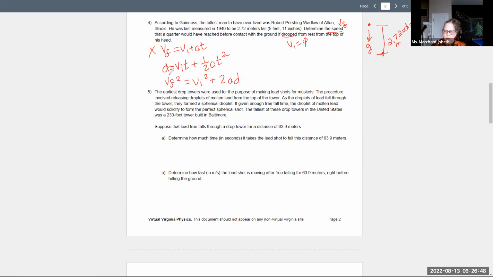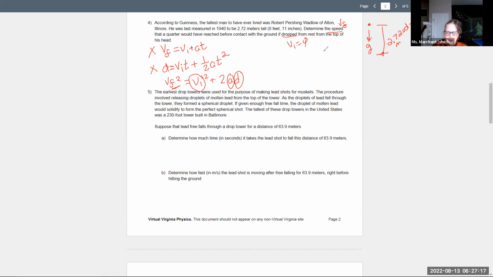All right, so we want to find the speed at the end, so we want to find velocity final. This first equation doesn't have a velocity final in it. Do I have enough information from here? I have a velocity initial, I have an acceleration, and I have a distance. So that is awesome. I have my information right there to help me out.